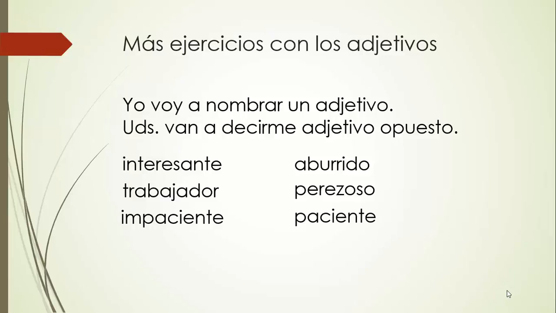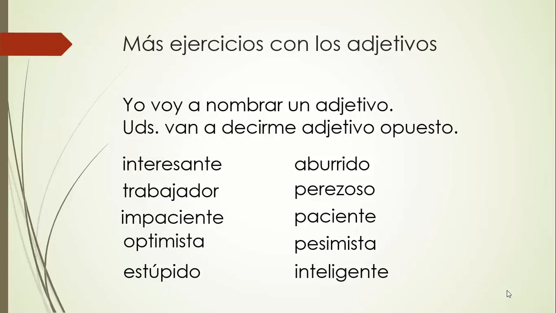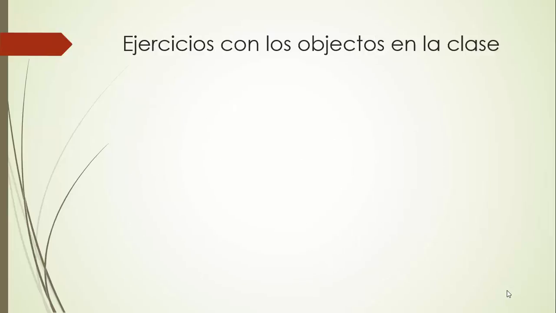This one's easy. Paciente. Número 4, optimista. ¿Qué es el opuesto de optimista? Pesimista. Número 5, estúpido. Now that's not actually in your book, but I bet you can guess what it means. ¿Qué es el opuesto de estúpido? Inteligente. Let's see if I have one more. I can't remember. Nope, I don't.